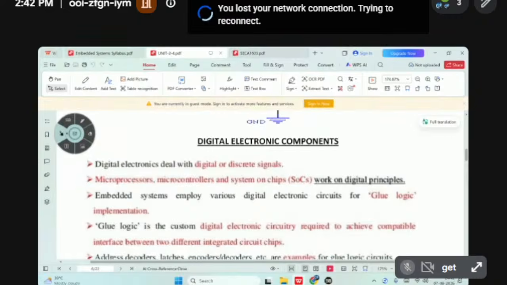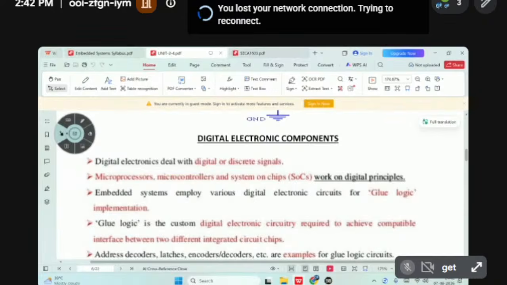Generally this type of signal is used in microprocessors as well as microcontrollers, as well as system on chips also. So it may be a microprocessor or it may be a microcontroller.